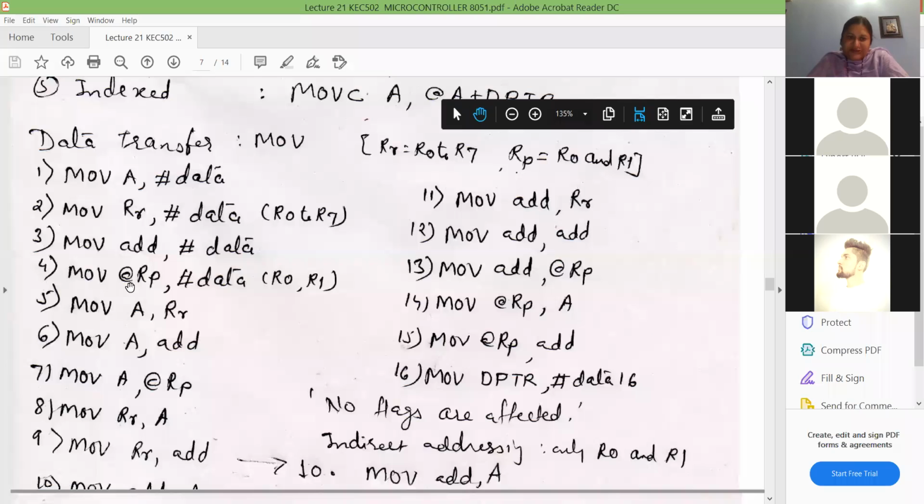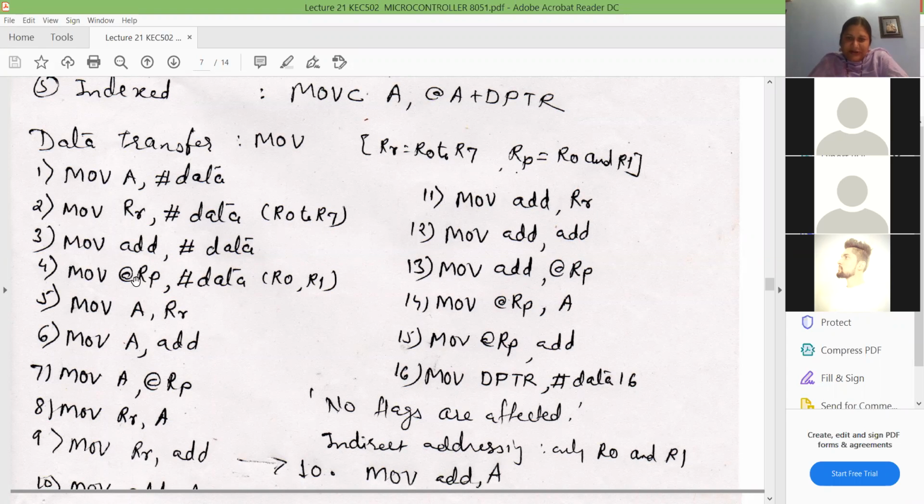Now we'll see what this at sign is. At means it is indirect. Indirect means, suppose I write the instruction as MOV @Ri, comma, some immediate data, then Ri refers only to R0 and R1. So suppose my instruction is MOV @R0, comma, hash data, then the hash data is your immediate 8-bit data. Where will it go? If this had been R0, then it would have gone to R0.